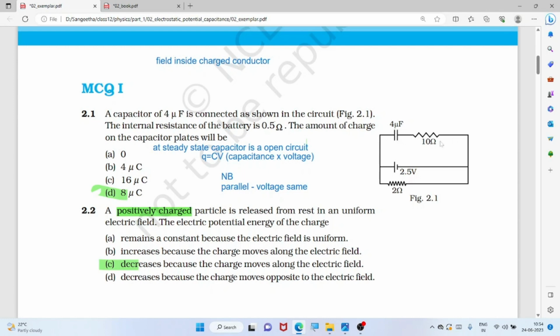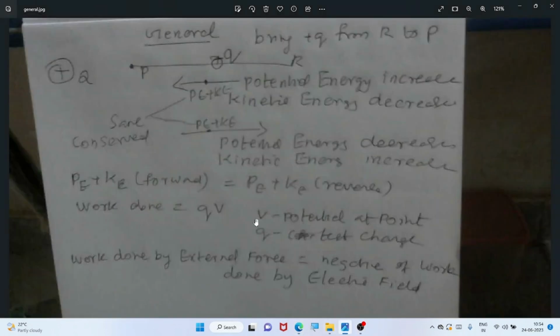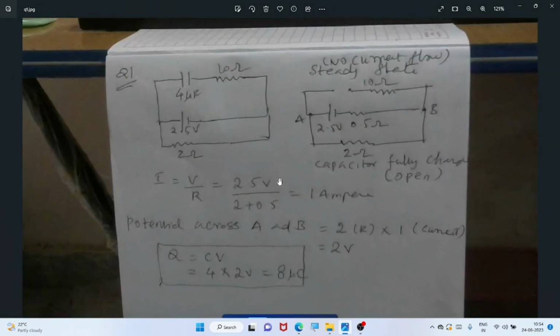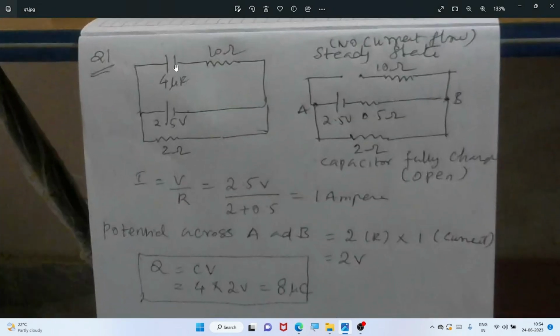There will not be any current flow in this direction. Only when it is being connected will current flow. After it is fully charged, it will act like an open circuit. That means there will not be current through this capacitor branch.